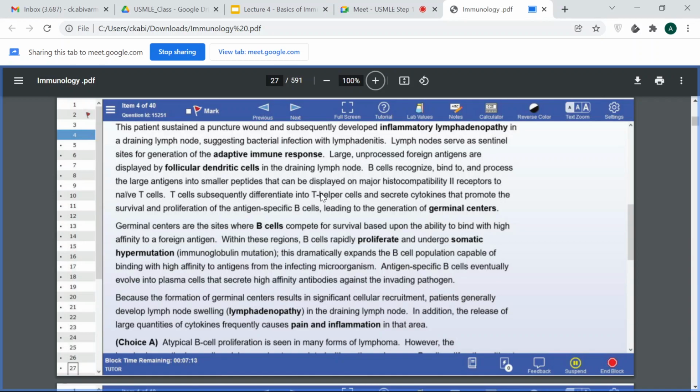The naive T cells then become T helper cells, which are CD4 positive, and they secrete specific cytokines to help the B cells in the germinal centers undergo somatic hypermutation and affinity maturation until they find the perfect antibodies to the pathogen. That's why that lymph node is swollen, because that whole area is very active.